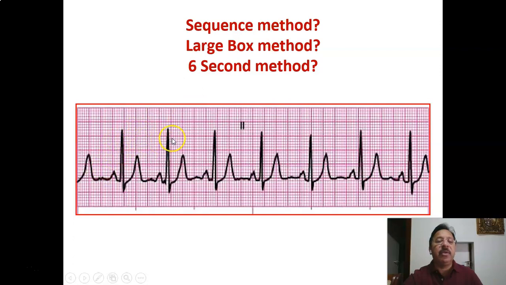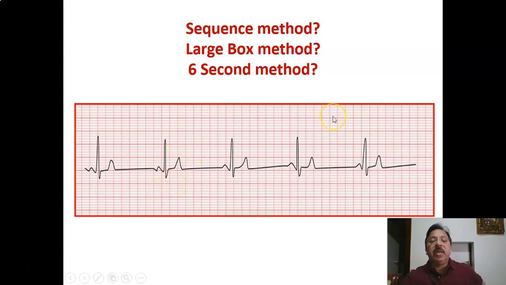So it's between 75 and 100, approximately 80 beats per minute. You can also use the large box method. See how many large boxes are here: 1, 2, 3, 4. So 300 divided by 4 is equal to 75, or even the 6-second method you can also apply here.